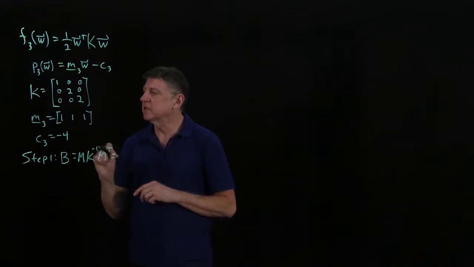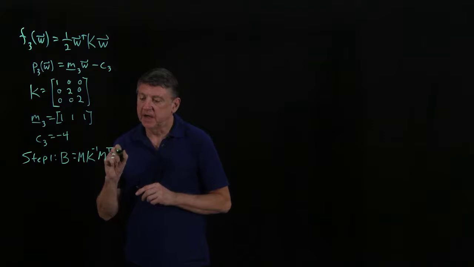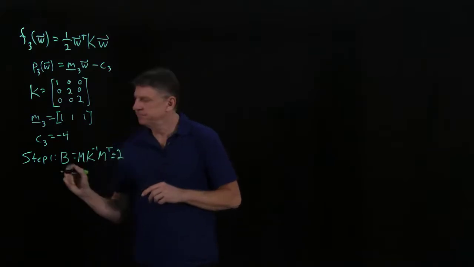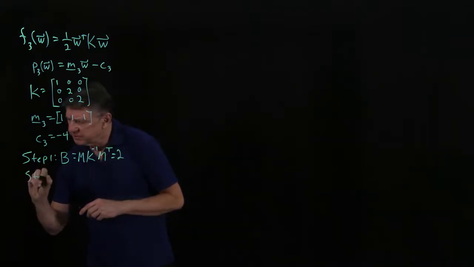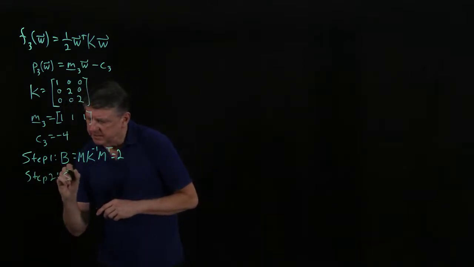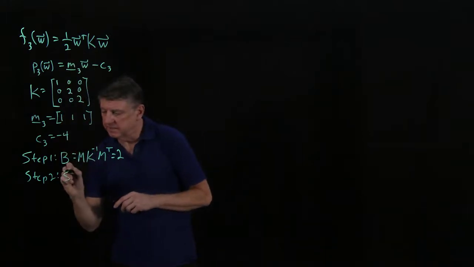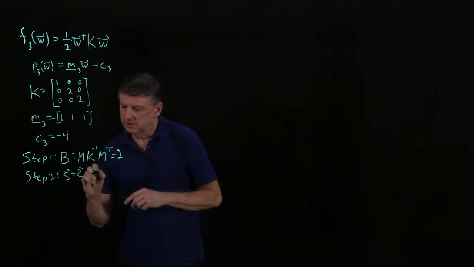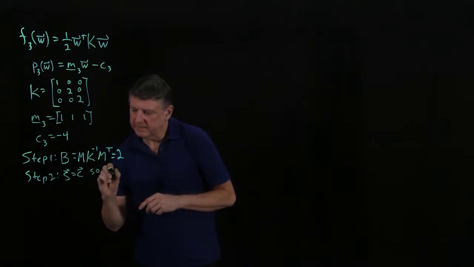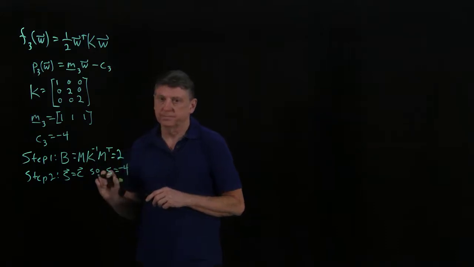And in our case, when I work this out, and I encourage you to work it out separately, I get the value 2. Our step 2 is, because there's no q vector term in the objective, that our solution vector is simply the constraint vector. So in our case, we'll write s as a scalar, and that will be minus 4.